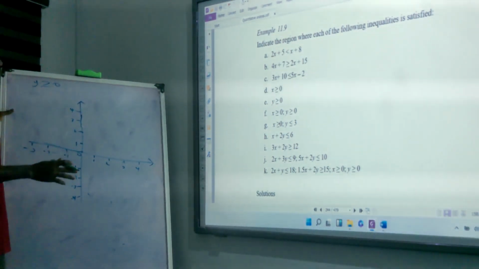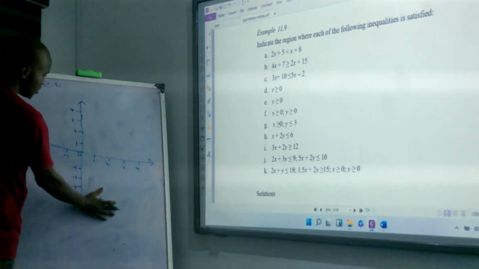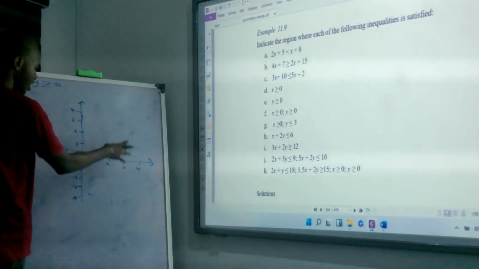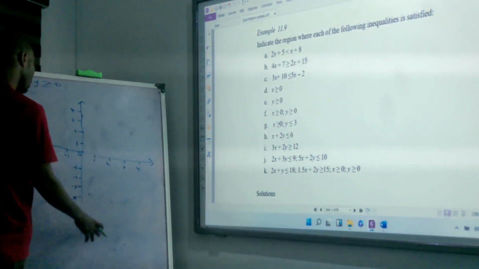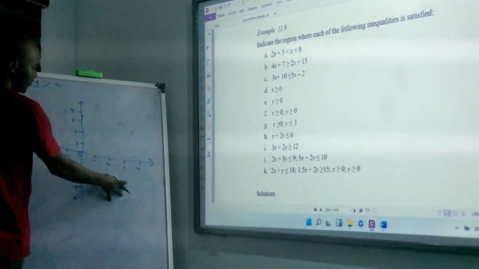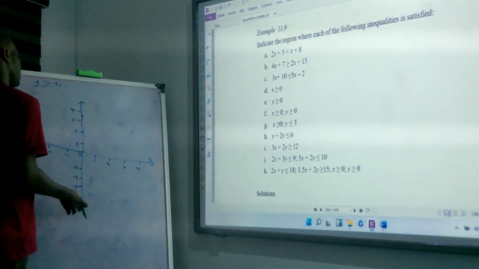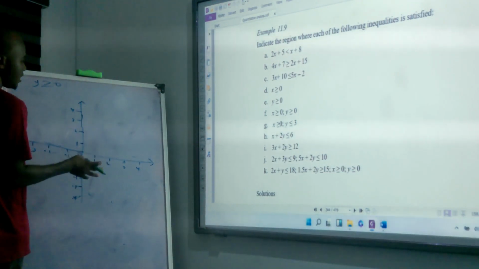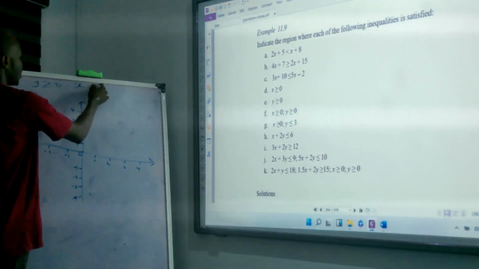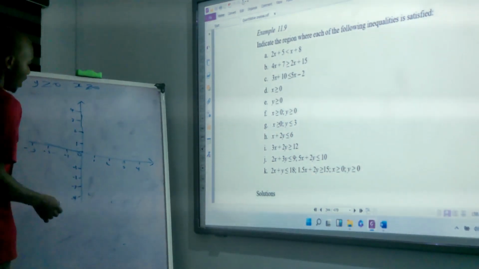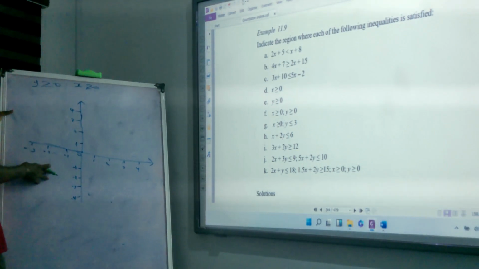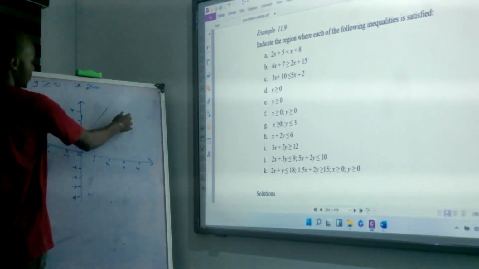Where x is greater than 0, y is positive here, y is negative here. So the portion whereby x and y are both positive is this point here. So we are doing x greater than or equal to 0. At this point when y is positive, x is negative here. So the one we are looking for is here.